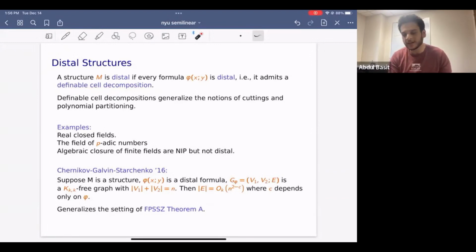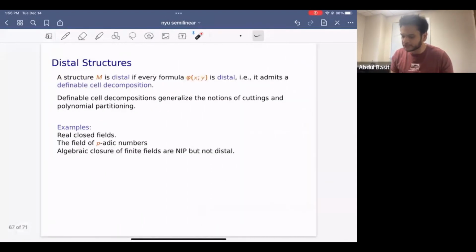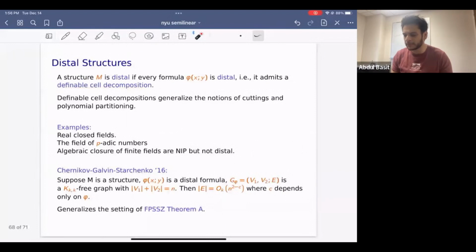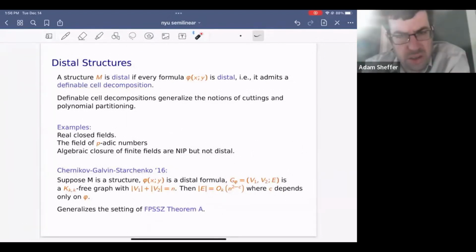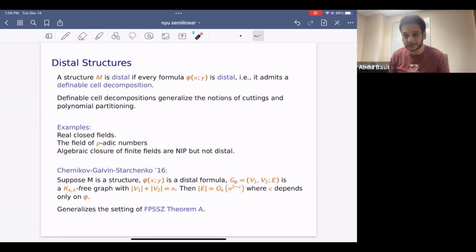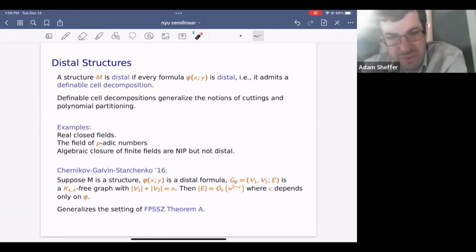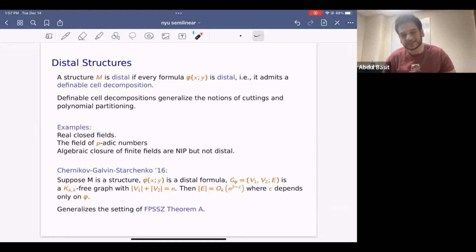But somehow what they end up doing is they use this VC dimension bound to build up. Maybe I can talk to you about this later. So this is basically an NIP, not distal, result, right? Because they are assuming that there's some more information about the sets. I would guess NIP and distal, but that seems very weird because they use this VC dimension result as a bootstrap.